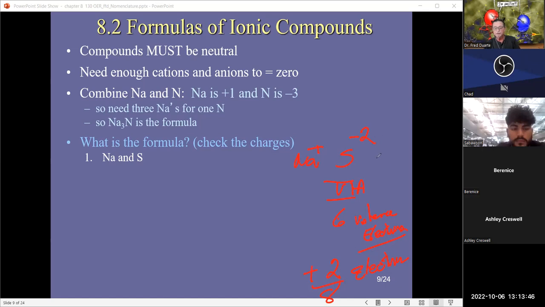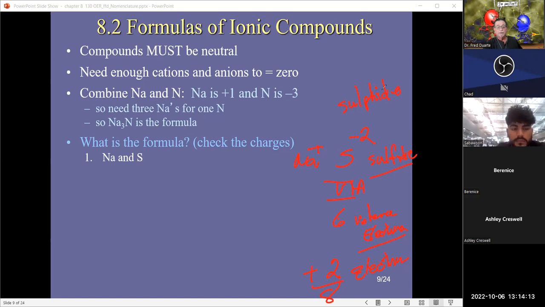Furthermore, the name goes from sulfur to sulfide. You can use the F, or you'll see it also in pH. Either one's fine, pH or the F, as far as writing the name out. Sulfide with the pH, or sulfide with the F.